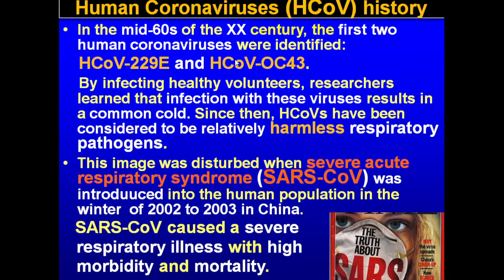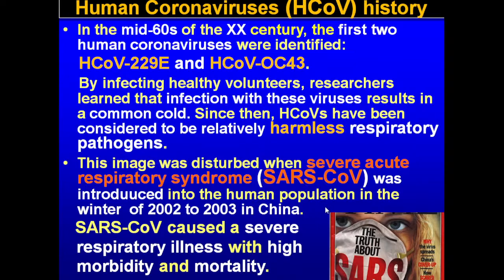And then take a look at this image, right? This is a photograph from a newspaper from 2002, when the first really dangerous coronavirus developed and spread within the human population. The disease caused by this new coronavirus was called severe acute respiratory syndrome, SARS.